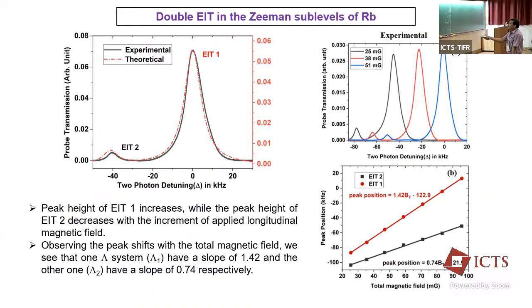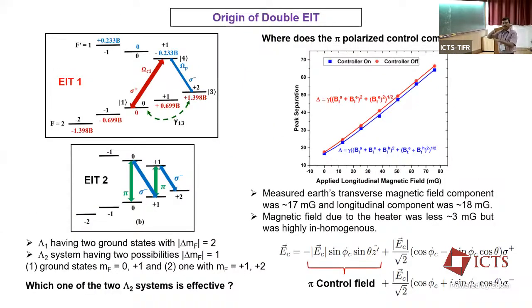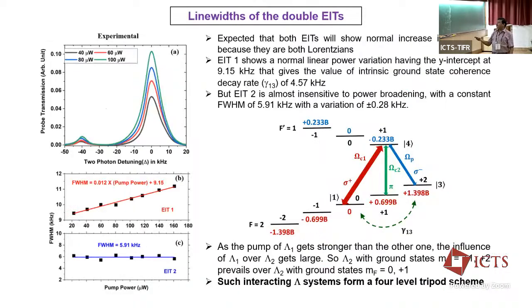If we go to very strong magnetic fields, this feature diminishes, because you are pushing your quantization axis along the propagation axis, so the EIT2 vanishes.